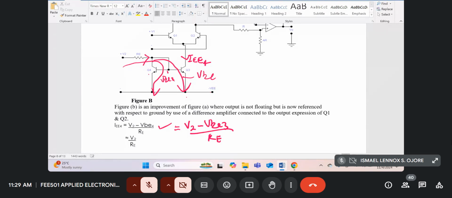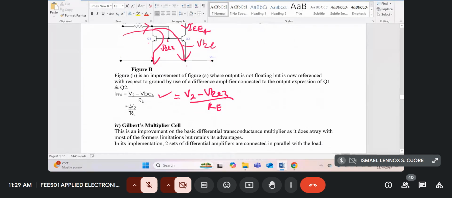Now, if V2 is greater than VBE4 or VB3, then we can write that IEE4 can be approximated to be V2 over RE. And therefore V0, which I have not written over here. So we know that V0 is equal to minus GM12 into RL.